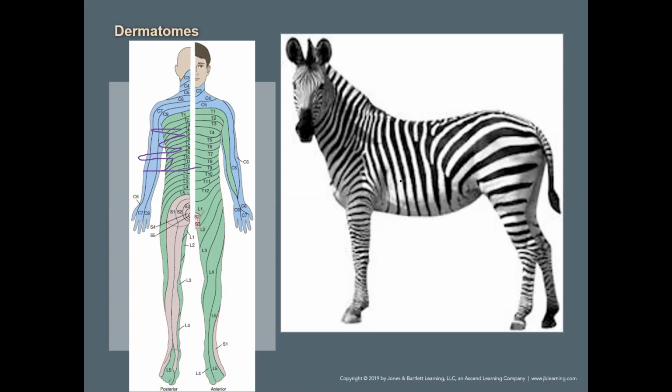And see how it looks like the zebra stripes. The neat thing about dermatomes and why we're talking about them is that they are fairly discrete, meaning there is really only one sensory neuron per dermatome. Because of this, finding a defect in sensation at a dermatome can tell us about the damage at a specific level in the spinal cord, which is super cool.